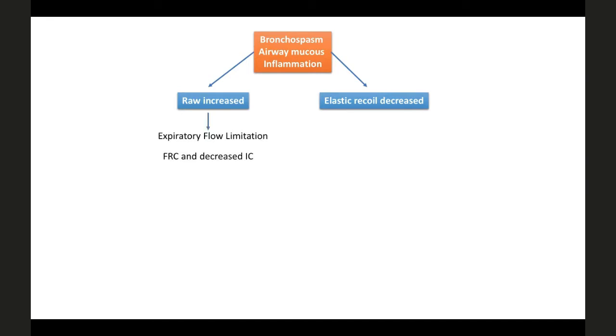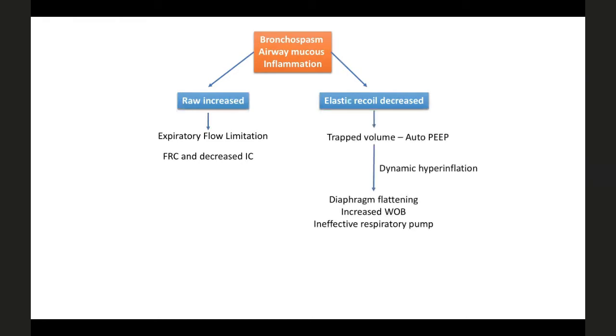recoil. The increased airway resistance will lead to expiratory flow limitation and changes in FRC and inspiratory capacity, which we'll discuss now. Elastic recoil reduction will lead to trapped volume, that is inadequate exhalation, leading to auto-PEEP, which will cause dynamic hyperinflation, which will result in diaphragm flattening, increased work of breathing, and an ineffective respiratory pump.